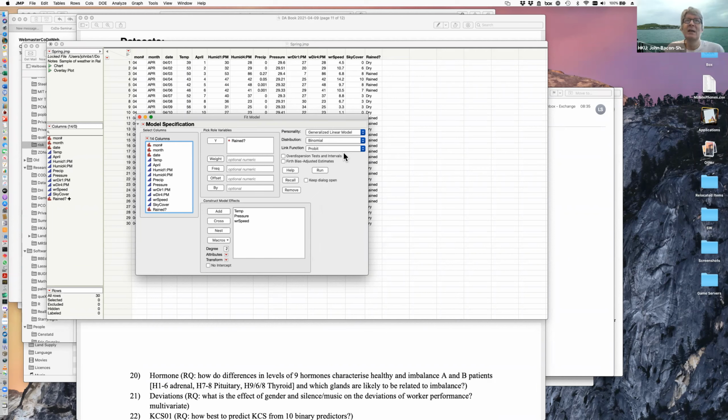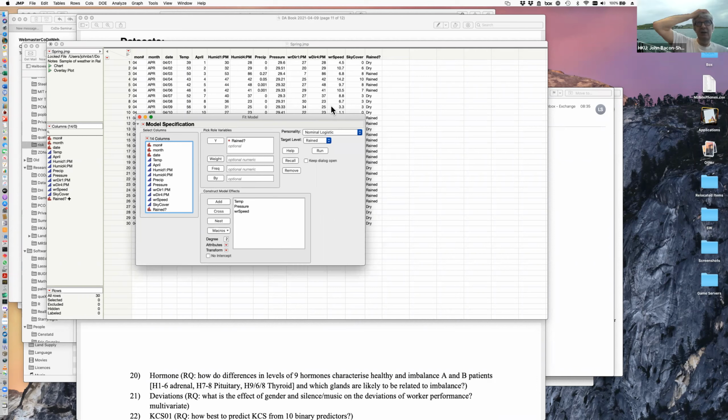Probit, instead of using a log function, means use an inverse cumulative distribution for a normal distribution. In other words, probit is essentially saying our variables are predicting a probability where that probability comes from a normal distribution rather than a logistic distribution. Generally, logit is much easier to interpret, and the results are usually fairly similar. So we can just choose nominal logistic.